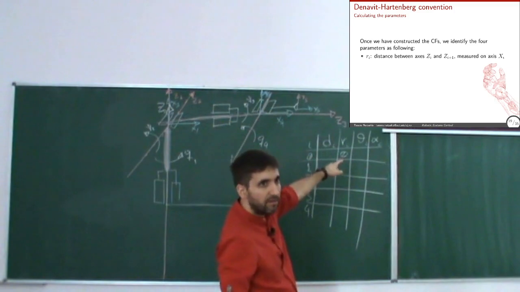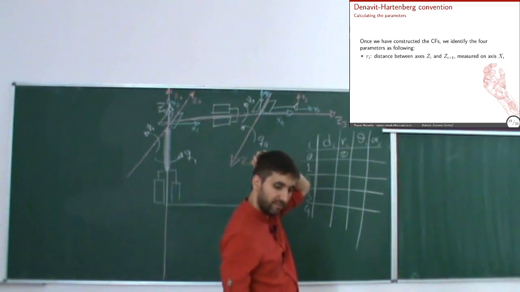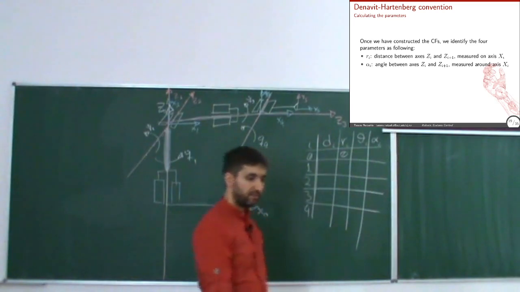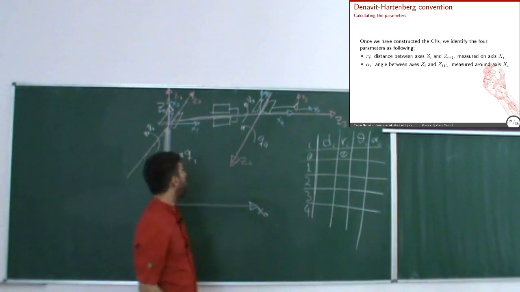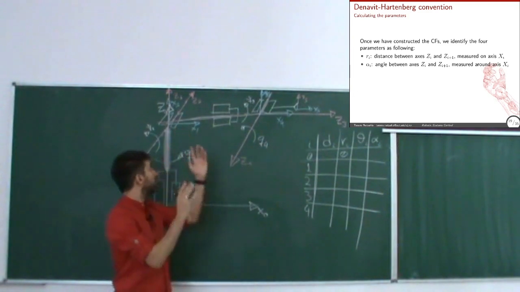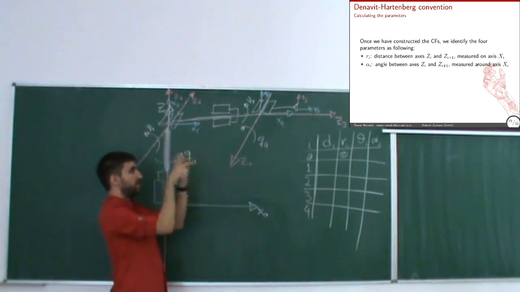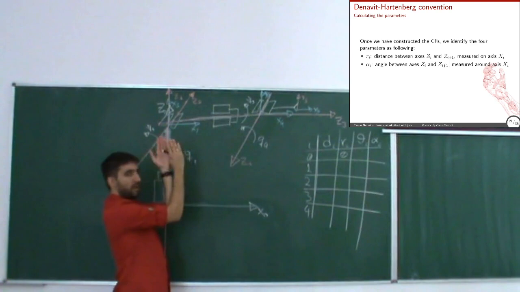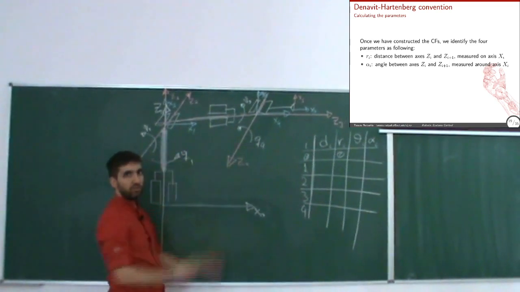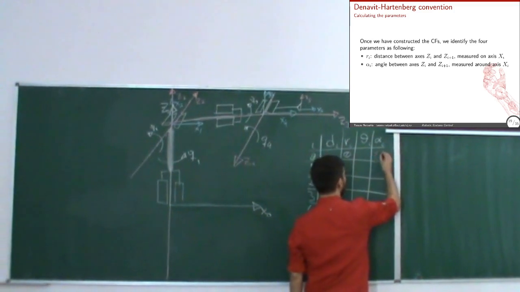Do you remember? Great. Z i plus 1 along xi, so along this angle basically. xi points towards there, so it's this angle here. But they are parallel, so the angle is 0.